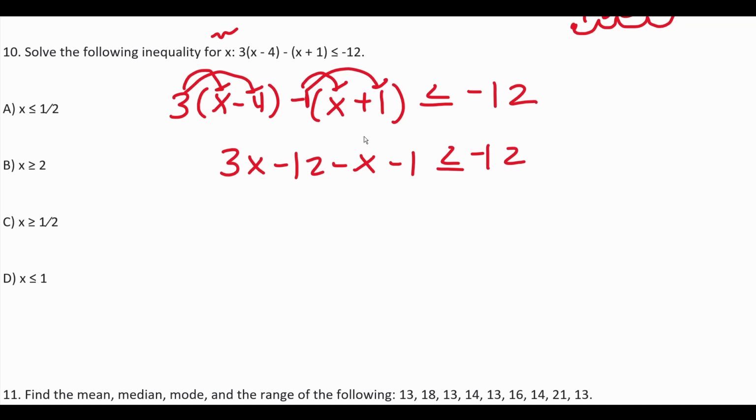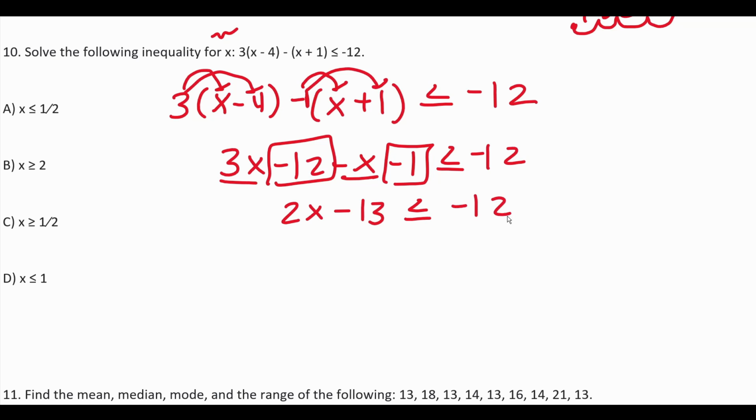Let's combine our like terms. We have 3x and negative x, so that's going to be 2x. And then we have negative 12 and negative 1, so that's negative 13. Again, that's less than or equal to negative 12. We're solving for x, so let's add 13 to both sides as our next step.